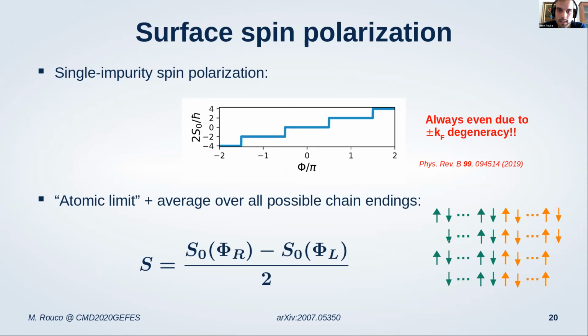And to calculate the surface spin polarization, what we do is to average over all the possible chain endings. So we may have balanced chains, or one unbalanced chain and the other one balanced, and so on. So we have 4 possible chain endings, and averaging over all of these, we obtain a formula for the surface spin polarization of the system in terms of the single impurity spin polarization that we know.